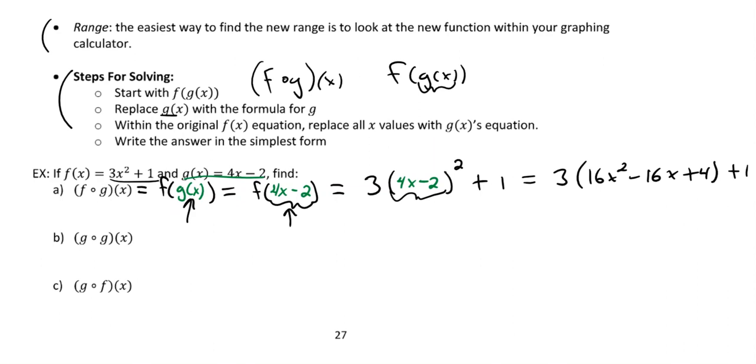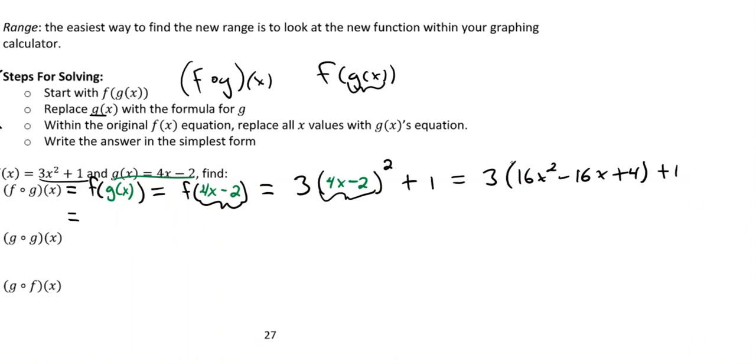Okay, I'm going to carry on down here. The next step we would do here, sorry if you guys don't have much room, is we'd expand the 3 in. So we'd have 48x squared minus 48x plus 12 plus 1.